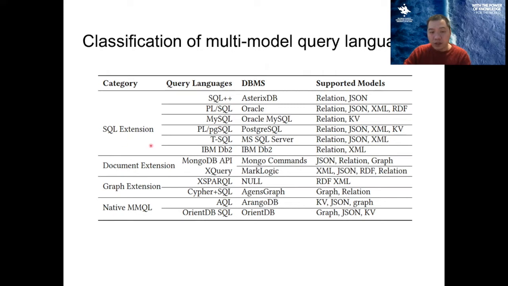The SQL extension, such as the SQL++ in AsterixDB, and the PL/SQL in Oracle, and the document extensions such as the MongoDB API by MongoDB, and the XQuery by MarkLogic, and the graph extension examples are the XSQL, the Cypher SQL by AgensGraph, and the native multimodal query language we just mentioned, the AQL by ArangoDB and the OrientDB SQL.